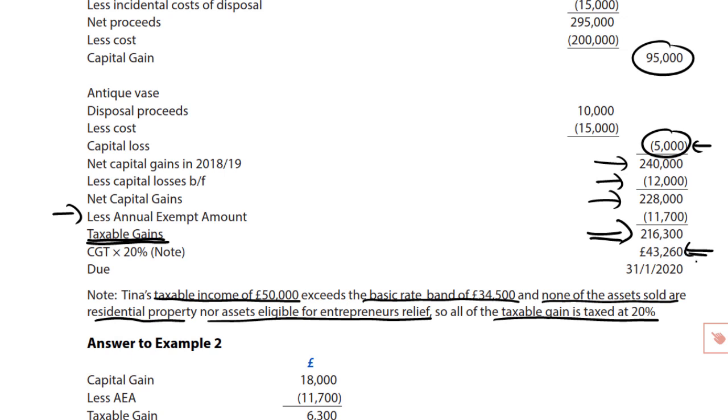Now, this question didn't ask you to state what the due date was, but we've dropped it in just to remind you that for any tax year, this is the 18-19 tax year, we pay our CGT the following 31st of January. The following 31st of January, of course, here would be the 31st of January 2020. Only relevant, of course, if they ask for it in the question.